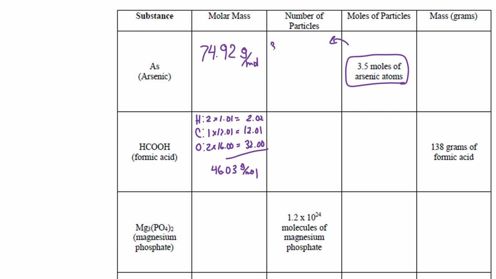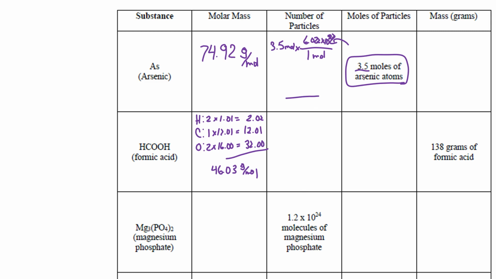I'm going to take my 3.5 mole times 6.022 times 10 to the 23rd. Does it matter, like decimal places? On this one, because this is only 2 sig figs, my answer here is only going to be 2 sig figs. So I'd figure that out.